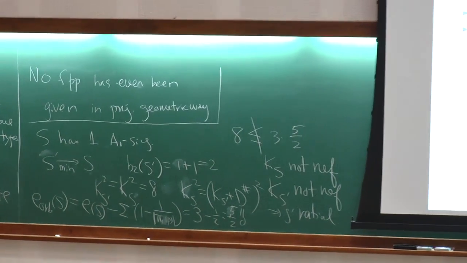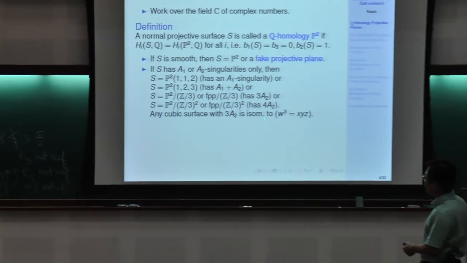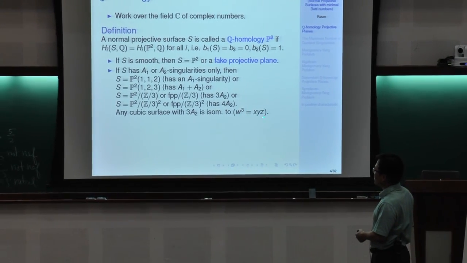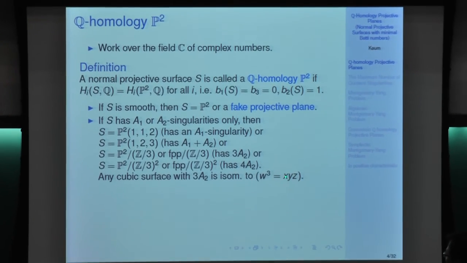Okay, so here's a small remark. Any cubic surface with 3A2 is isomorphic to this surface. This surface has three A2 singularities on coordinate points.